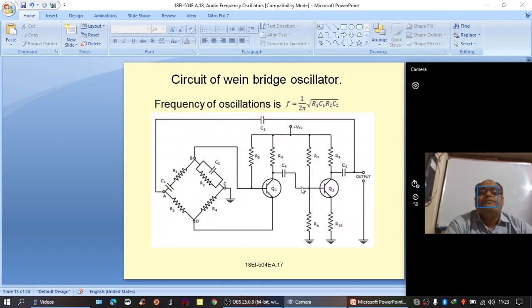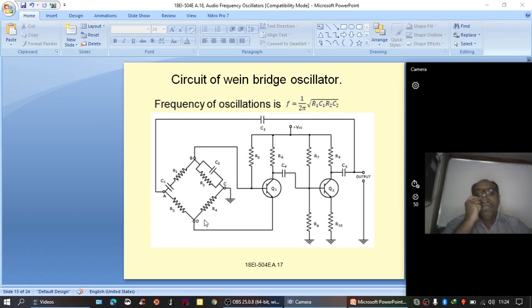Here is the circuit of a Wien-Bridge oscillator. As you can see here, this portion is the Wien-Bridge, consisting of a series combination of resistors R1 and C1, parallel combination of resistors R2 and C2, and two resistors R3 and R4 in the four different arms.